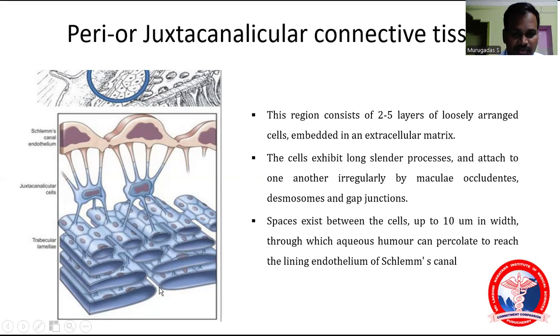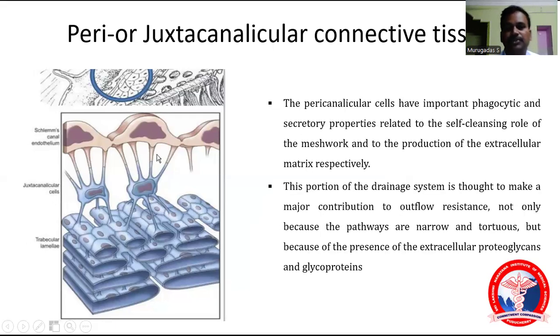The space between these cells is up to 10 micrometer in width, through which aqueous humor can percolate to reach the endothelial cells of Schlemm's canal. The pericanalicular cells have important phagocytic and secretory properties related to the self-cleansing role of the mesh and to the production of extracellular matrix, respectively.